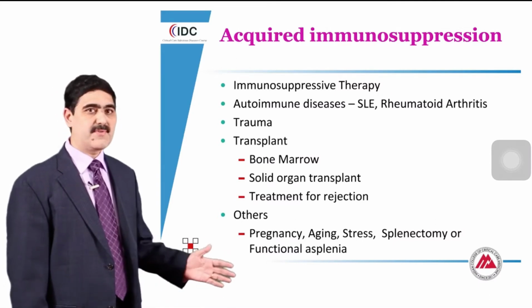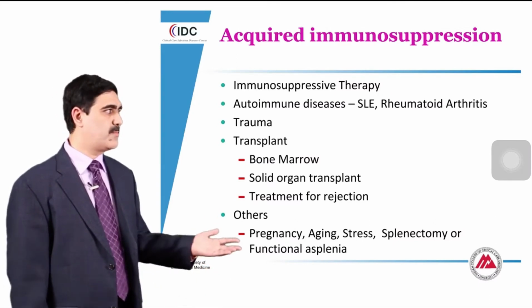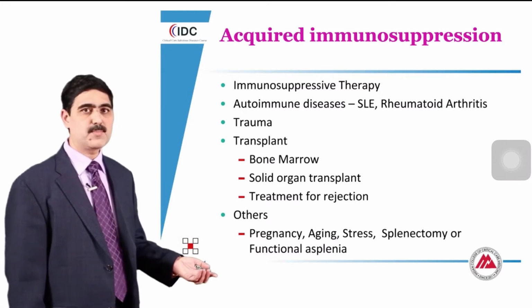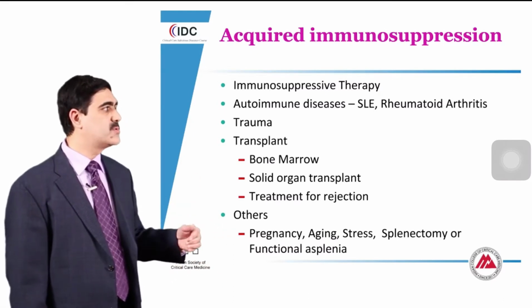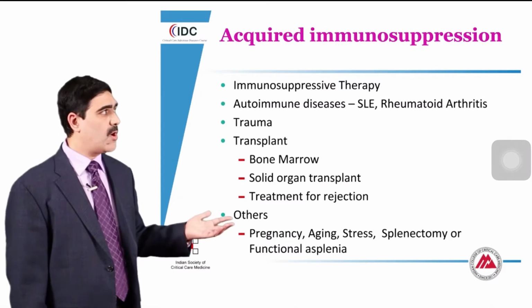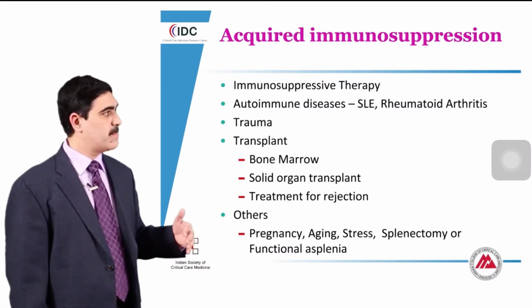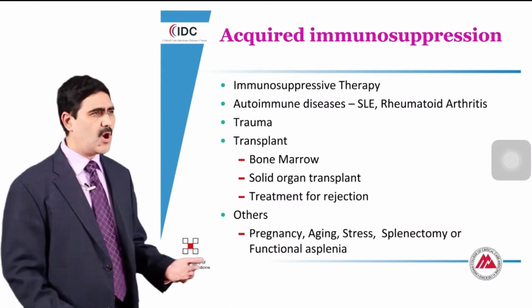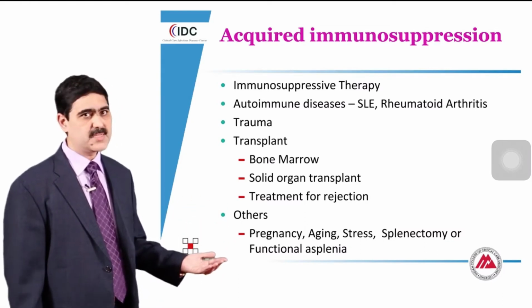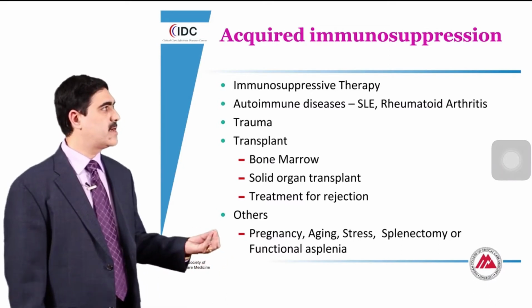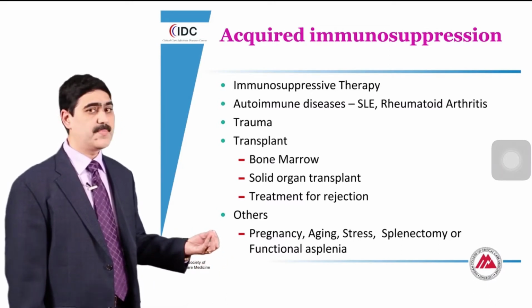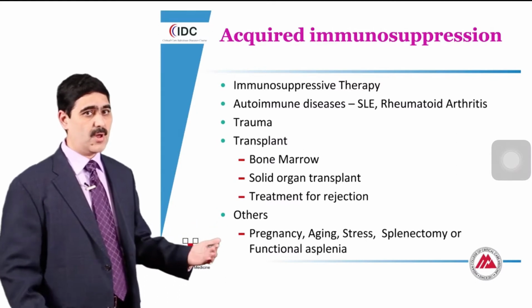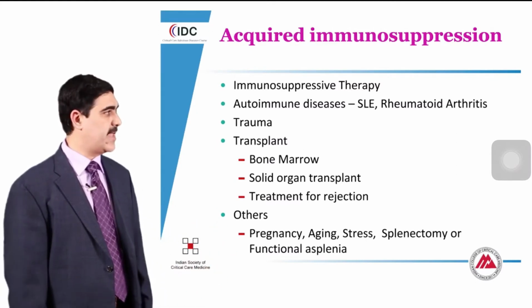Of course, transplants, which is whether bone marrow transplant or solid organ transplant, or the treatments that we use for rejection, could all lead to immunosuppression, but this will be addressed in detail in a different lecture. We should also think of some other common situations like pregnancy by itself could be a state of reduced immunity. Aging as a process, we all have reduced immunity as we age.